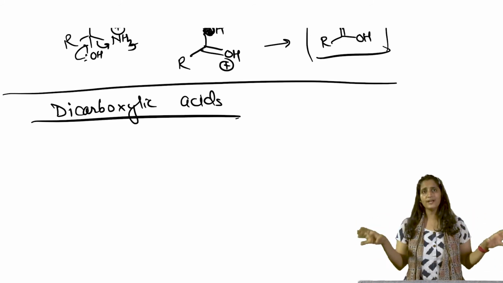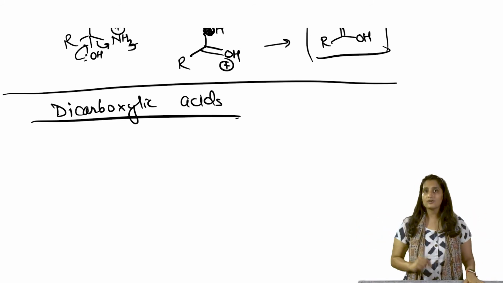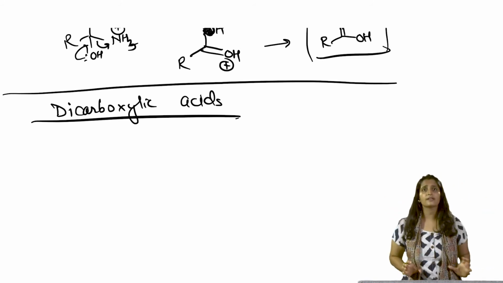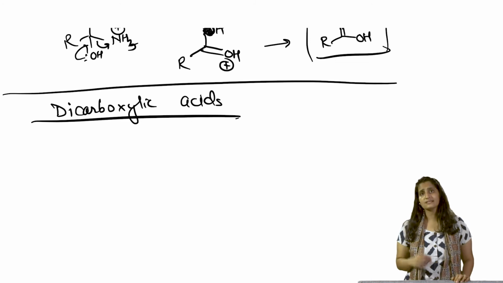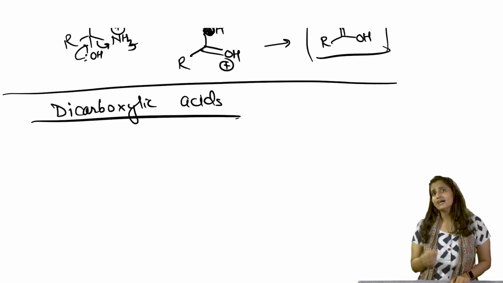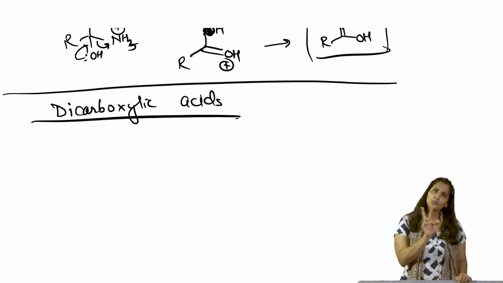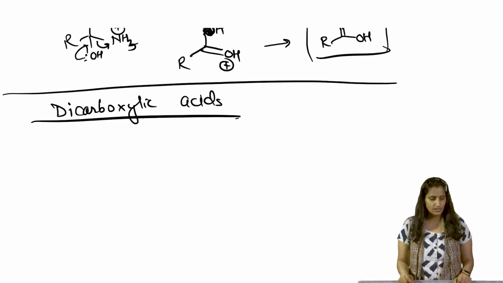They are not going to affect each other's presence because of that. Although if they are very close to each other, like in the case of oxalic acid or maleic acid, succinic acid, they are going to show a separate kind of reactivity, but there are only 2 or 3 different reactions that we need to think about.